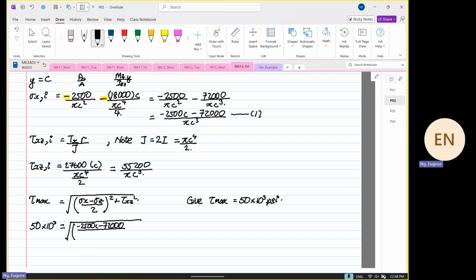So this is equal to 2 pi C cubed, and then you have a square. Then we have a shear.